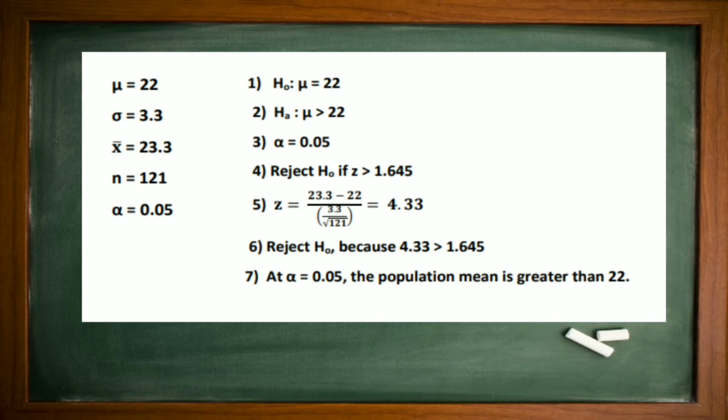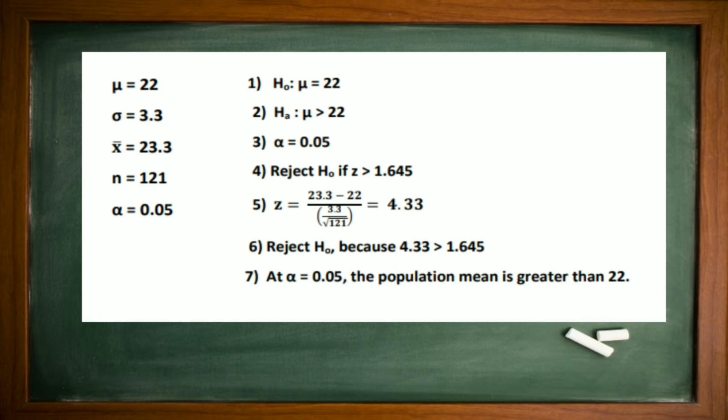Isa-substitute lang po natin. We have the mean, which is 23.3 minus the population mean, 22, over our population standard deviation, 3.3, divided by the square root of 121.